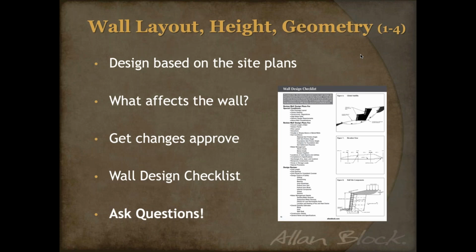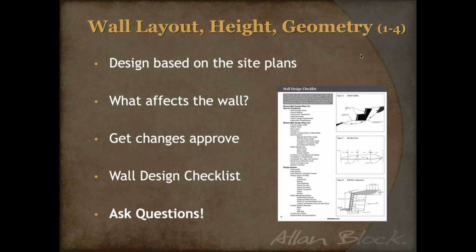If we make a change and design a wall based on that change and we don't get it approved, it can lead to discrepancies between what the owner expects and what you've designed, and that can cause a lot of delays, and we want to avoid that at all costs.